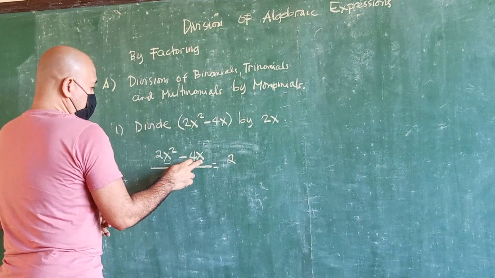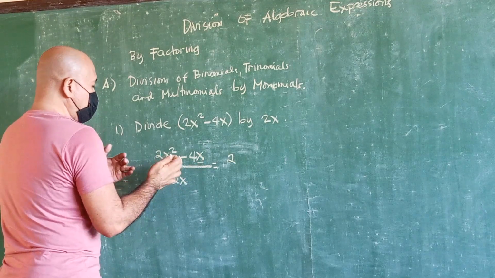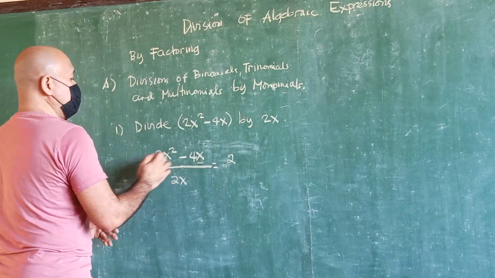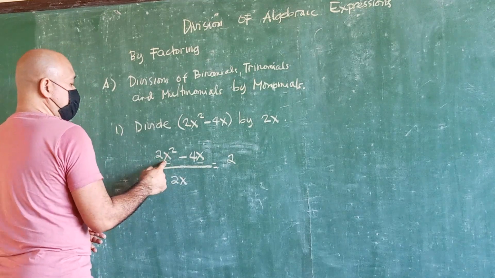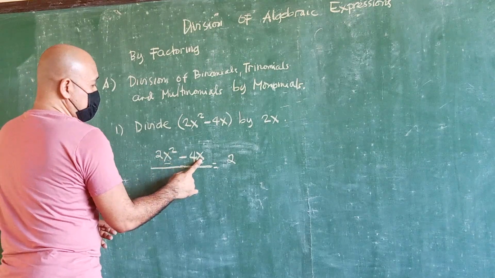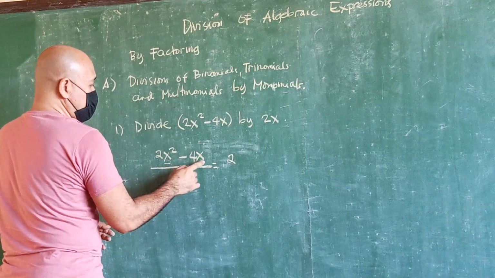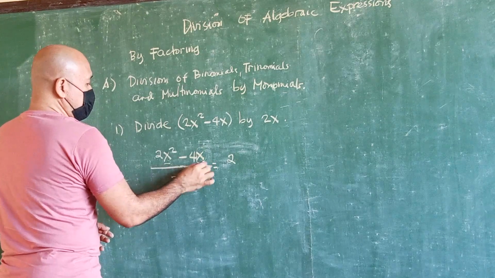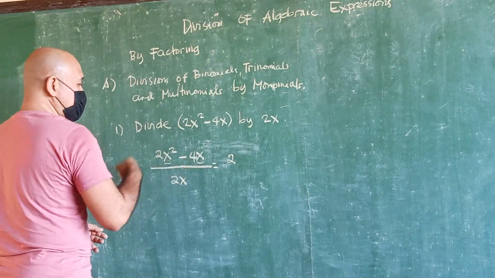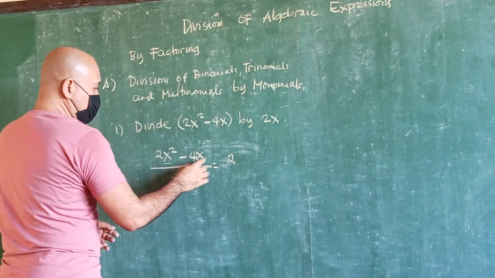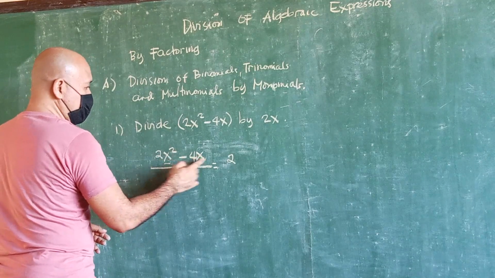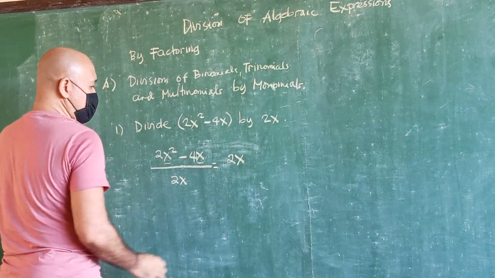And when you do this, you have to factor the variable that has the smaller exponent. In this case, the first variable has 2 as exponent, and the second x has a smaller exponent. So you need to factor out x from x squared and x. So that is x as part of the factor.